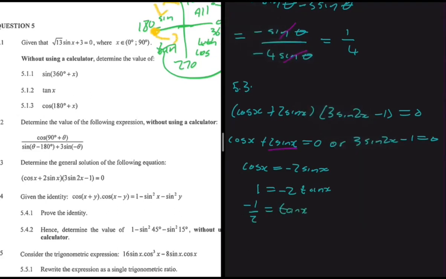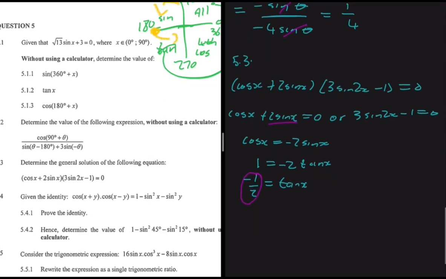Let's note here that we're getting tan of x being negative. It's going to be important as we solve our problem going further. So we know that we're supposed to use the quadrants where tan of x is negative.